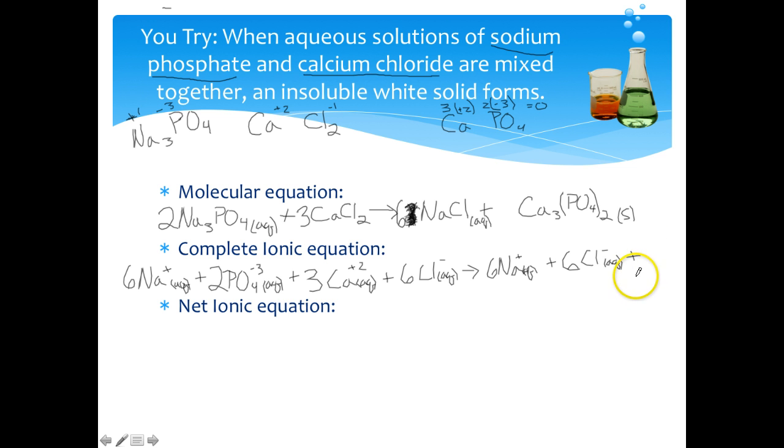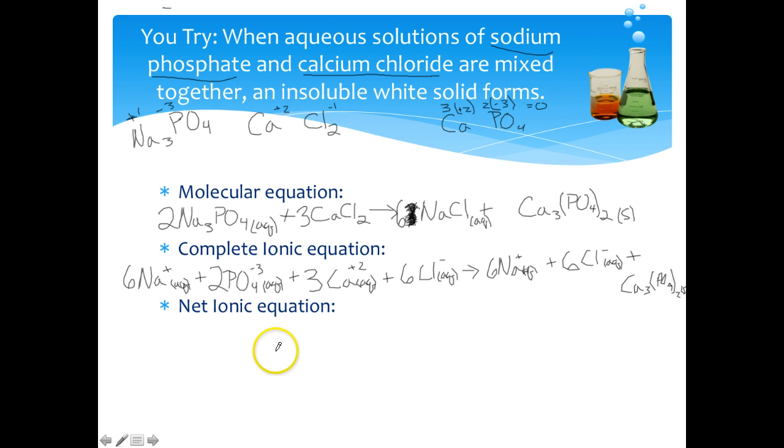So let's see, I may even have to go down here a little bit. The Ca3 PO4 2, and squeeze that S in there. It's solid. There is the correct complete ionic equation.